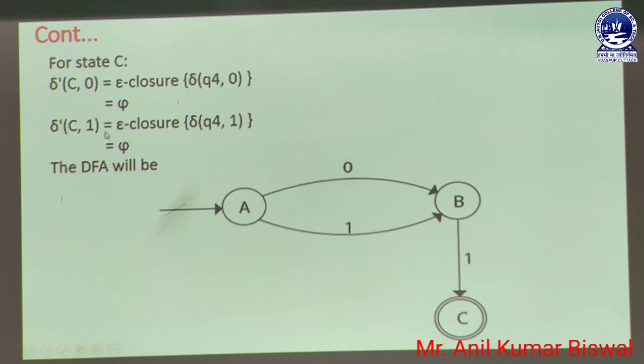Similarly, Q4 taking input symbol 1, that is transition dash of C of 1. We need to consider the epsilon closure of Q4, which is also state C. With Q4 taking input symbol 1, we again get the phi state, because in the previous diagram we already discussed that we get a phi state.